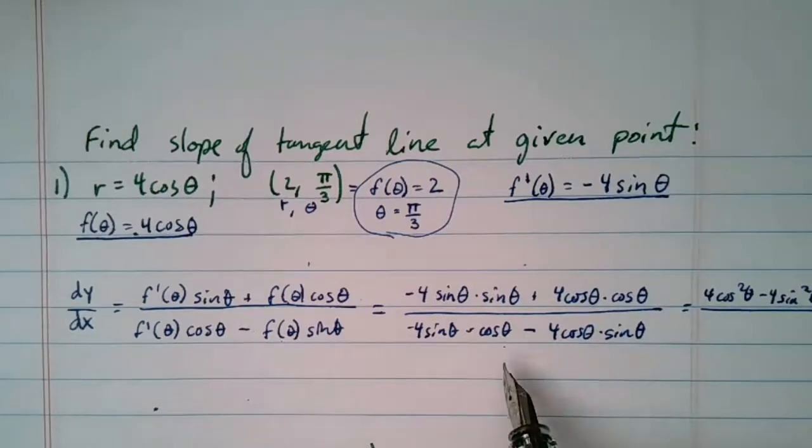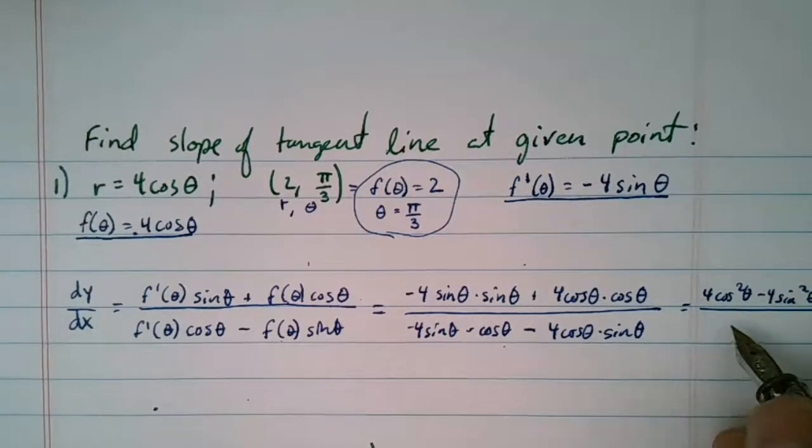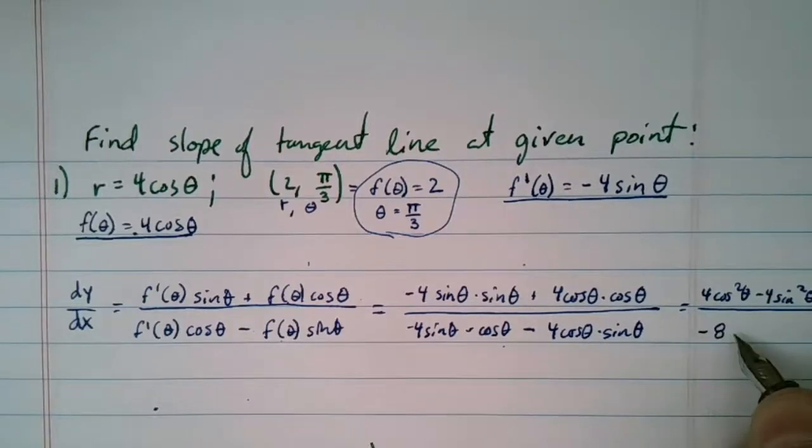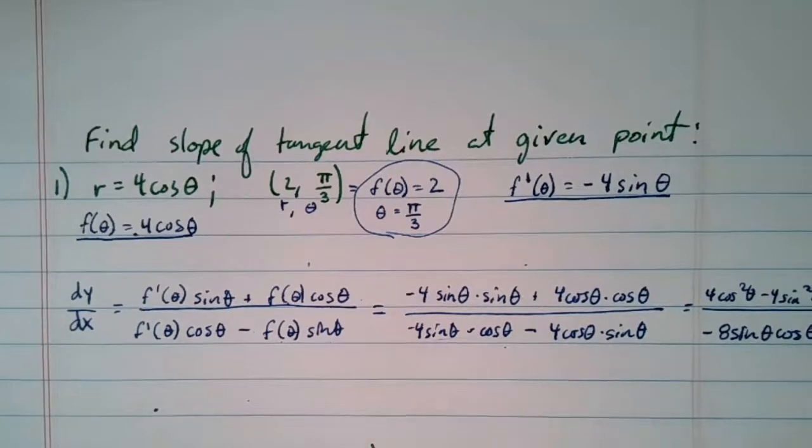Well, negative 4 sine cosine minus 4 sine cosine is going to be negative 8 sine theta cosine theta, right? So it's going to be 4 apples minus, well, negative 4 minus 4, so negative 8, right?